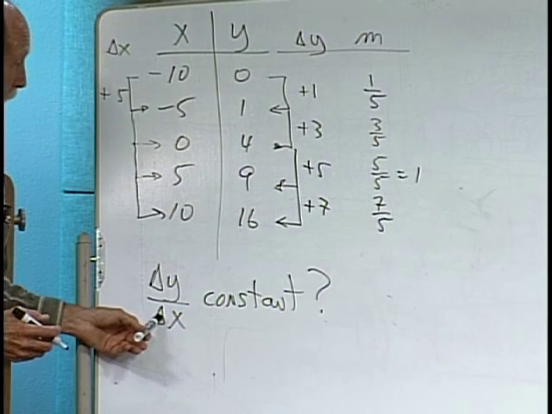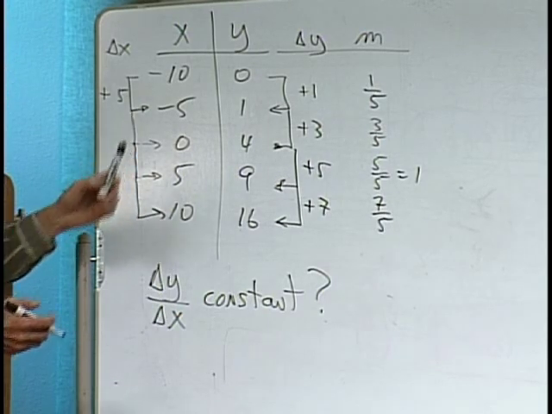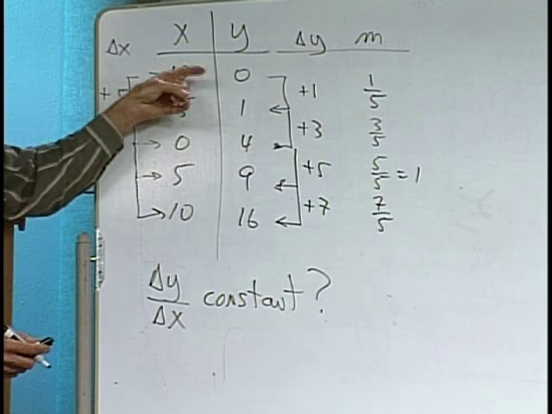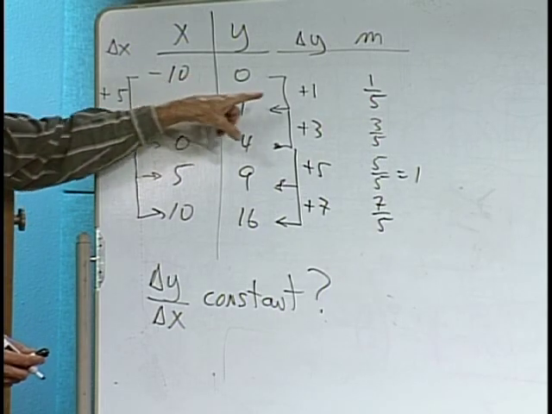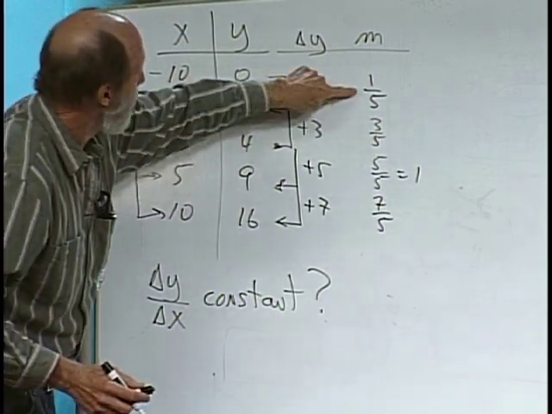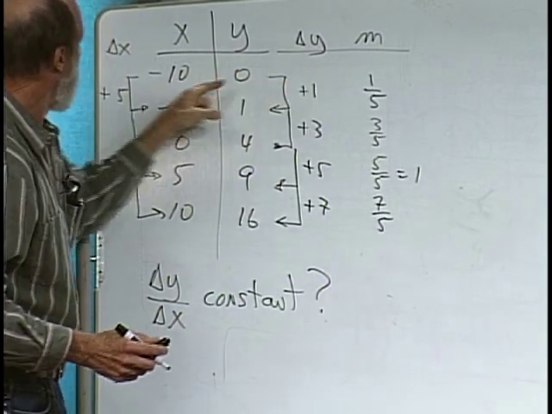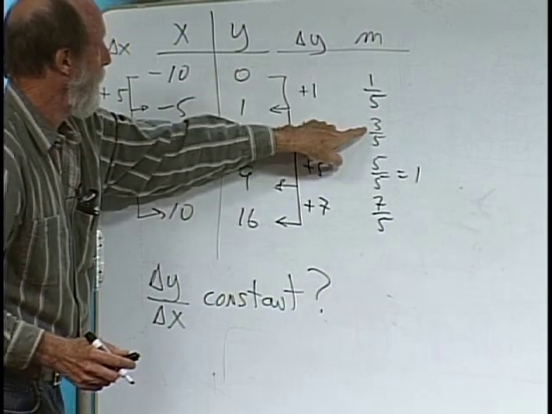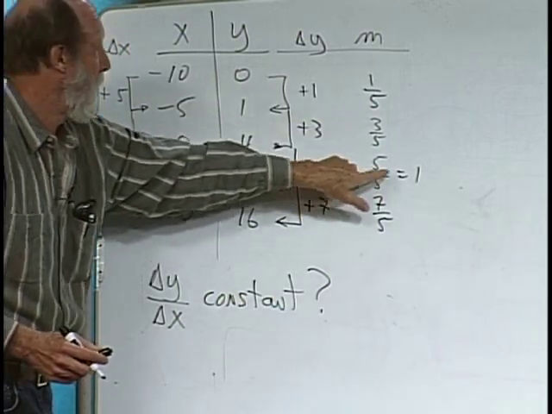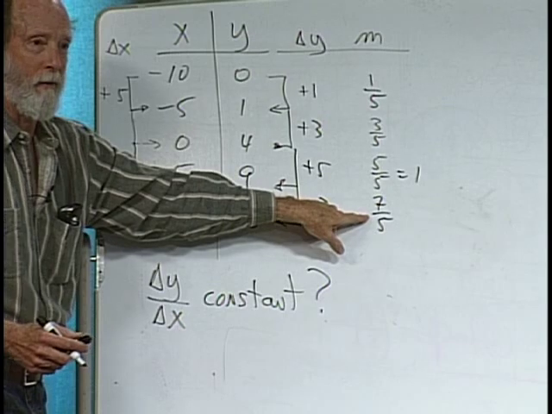And what I'm pointing out to you from this set of data is that the average rate of change seems to not be constant. Okay, it's not constant. It's 1/5 between the first two data points, then it gets larger, 3/5 up to 1, and then 7/5, even greater than 1.